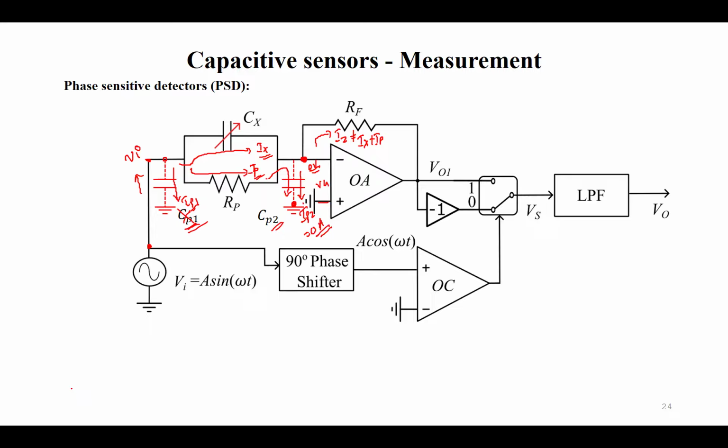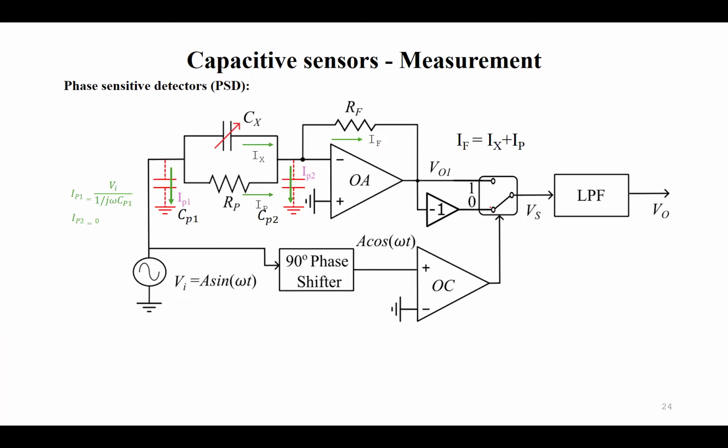So Iz is always equal to Ix and IP. Effectively, the effect of CP1 and CP2 is inherently nullified or eliminated by this design, right? The output V0 will be proportional to Ix and IP, and if I use the same PSD switching type, V0 will be proportional to Cx. So the entire circuit makes the output independent of RP as well as CP1 and CP2. So we'll get very accurate values of Cx, right?